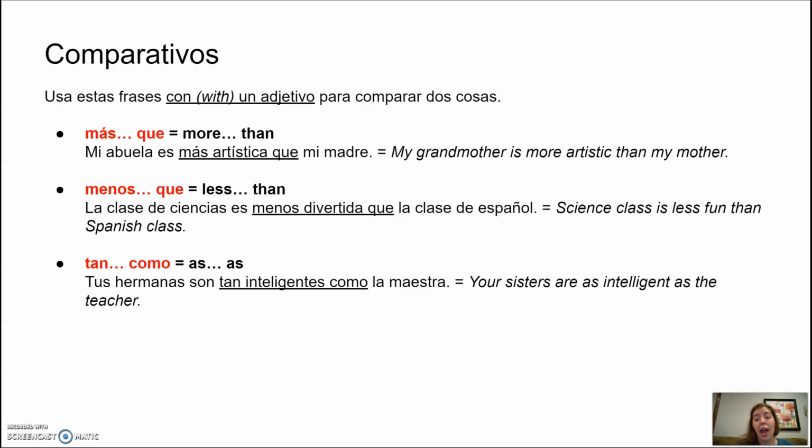Your sisters are as intelligent as the teacher. Tus hermanas son tan inteligentes como la maestra. Both tan and como can be translated as the word as. Tus hermanas son tan inteligentes como la maestra.